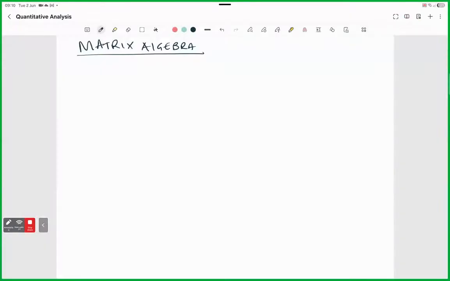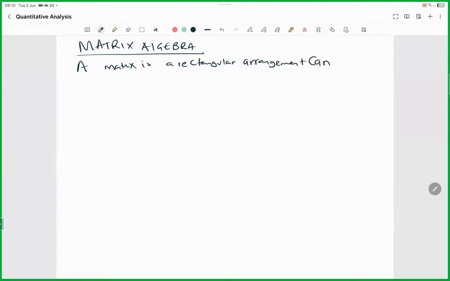So, to tell you very fast, a matrix is a rectangular arrangement, or what at times some examiners call an array of numbers, arranged in rows and columns.